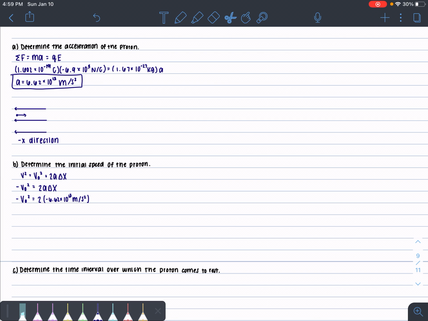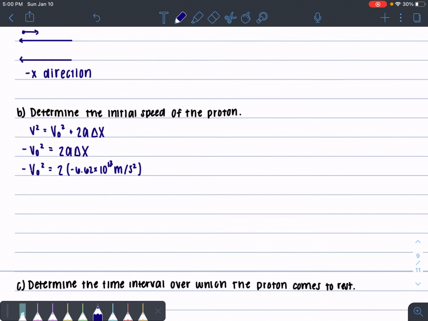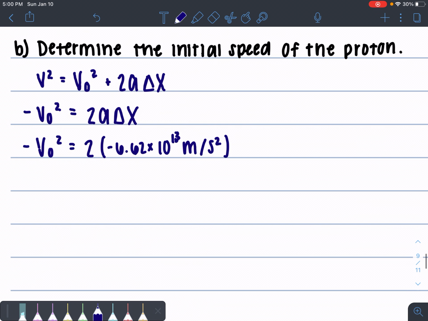This is just the magnitude that we're going to use. And it would also make sense because then these are going to cancel out. Because then when you take the square root, it has to be a positive number, or else it would be an imaginary number.